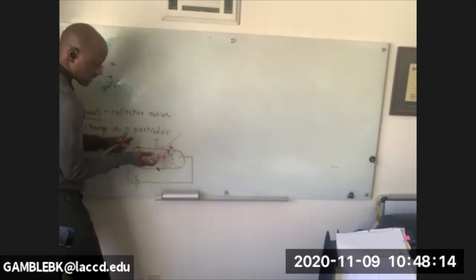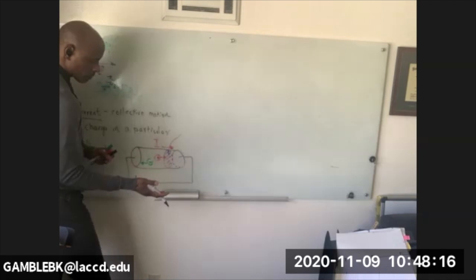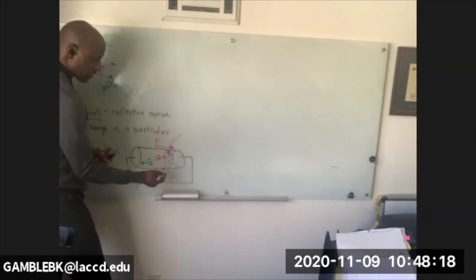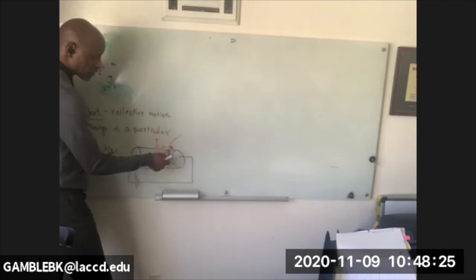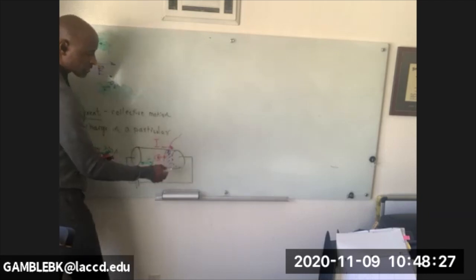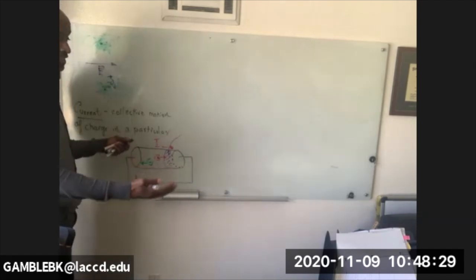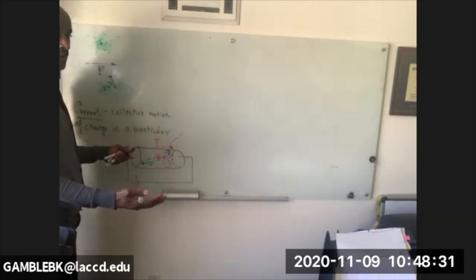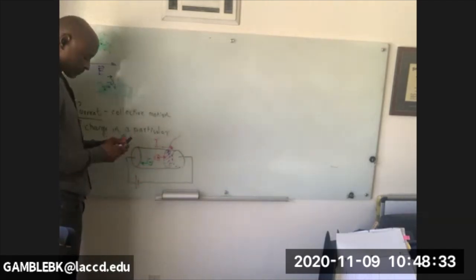So it's this face that charge is going through. We define current by looking at a cross-sectional area of a wire and calculating the number of positive charges going through that cross section in a particular unit of time.